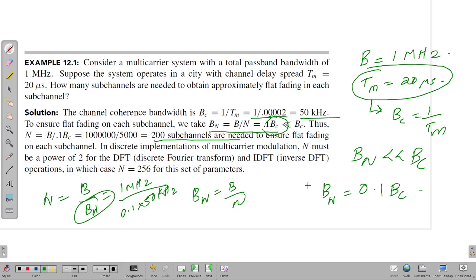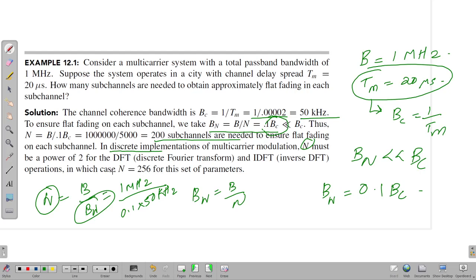But later when we study OFDM, you will see that for discrete implementation you use OFDM. In OFDM, this value of N must be a power of 2.